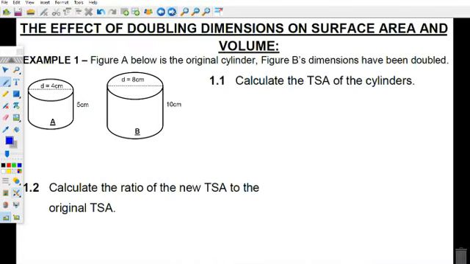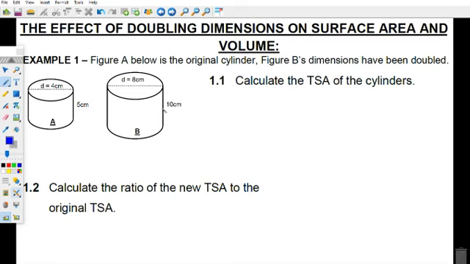So, we're talking about the effects of doubling dimensions on surface area and volume. When we did doubling dimensions in area, what were we able to find? How much did the area increase by? 4.